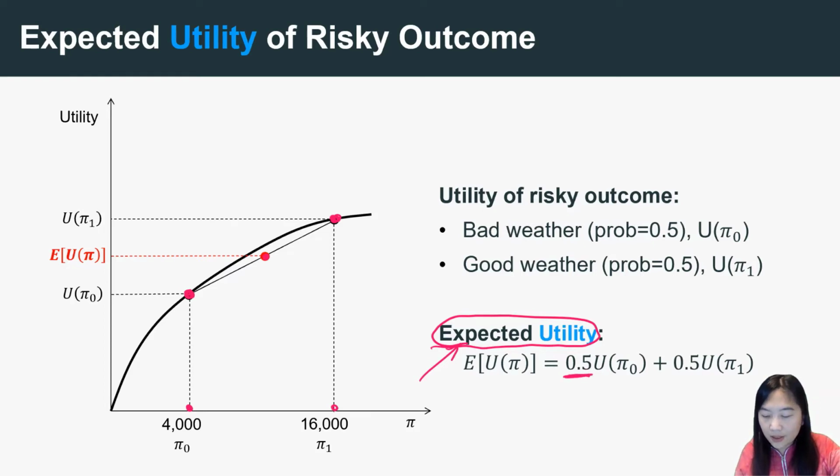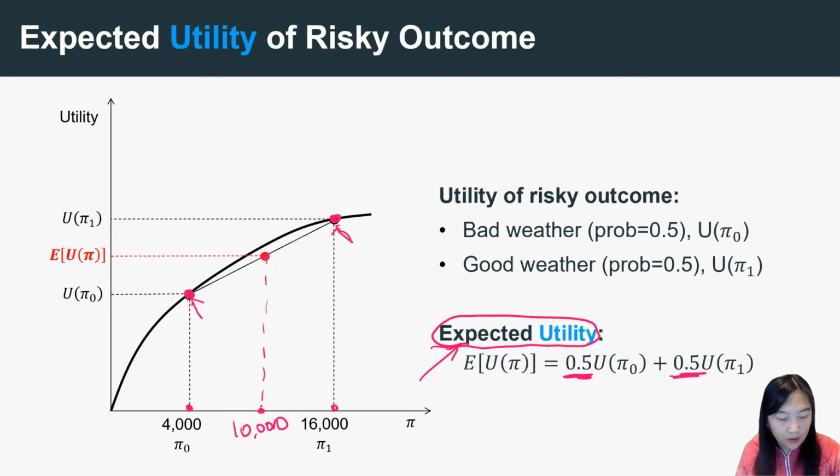Since the probability of those two outcomes happening is 1/2, this expected utility point will be located just in the middle between this point and that point. So if you draw a line here, this will be 10,000.